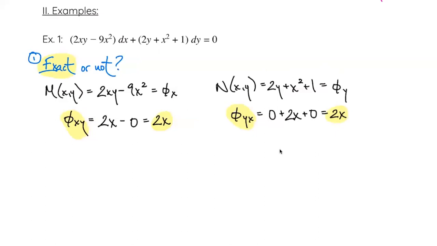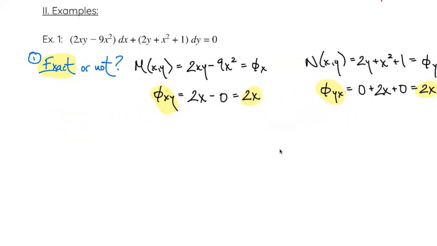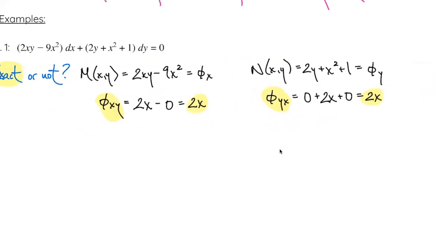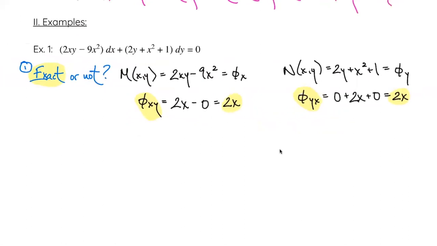It's really important when we're considering whether something is exact or not to test it first. Once you have tested and confirmed that it is indeed exact, then we can move on to the second step.